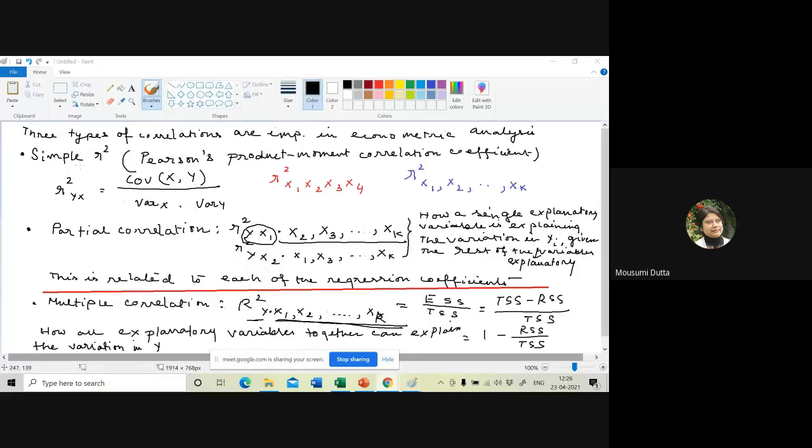Both the R squares are small in case of partial and simple. Simple R square is equivalent to partial R square is equivalent to multiple R square.